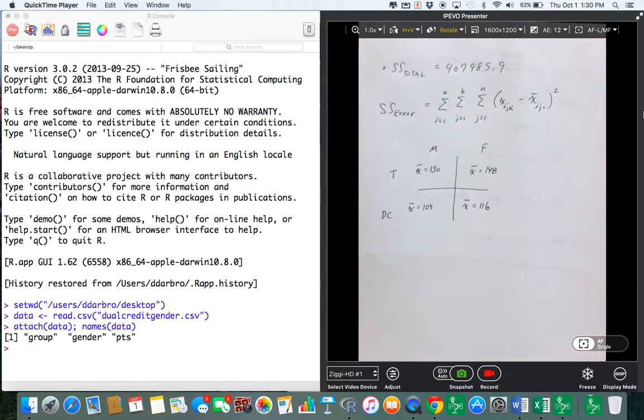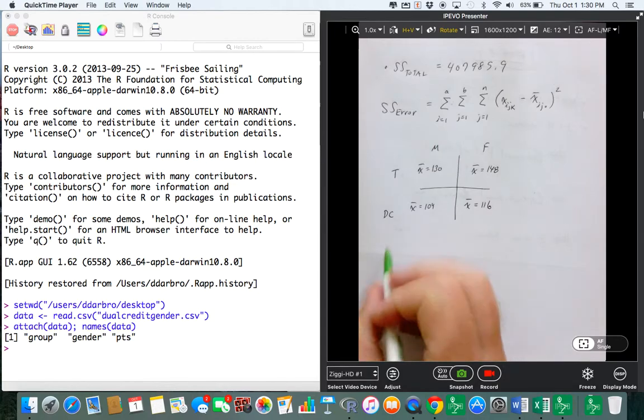And I think I left you with, because there was such a wide difference between the mean points for female across traditional and the mean points across dual credit for males, that I'm thinking the interaction is probably going to be statistically significant, but we're just going to let it play out.